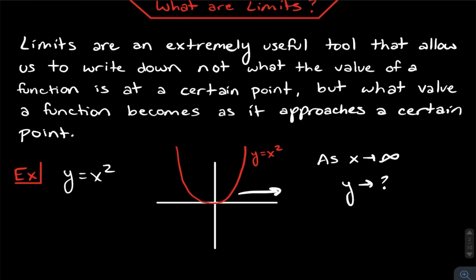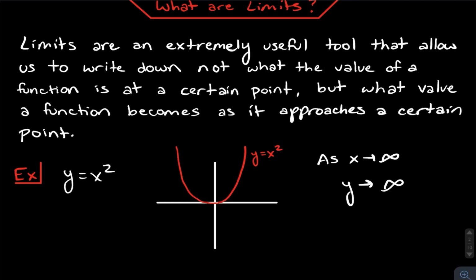What does y approach? What does y become? What happens in this direction? As you can see, as we go this way in the x direction, y is going to infinity. And so what we would write here is that y approaches infinity.